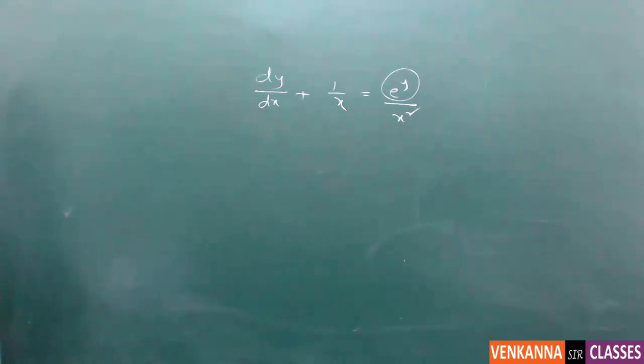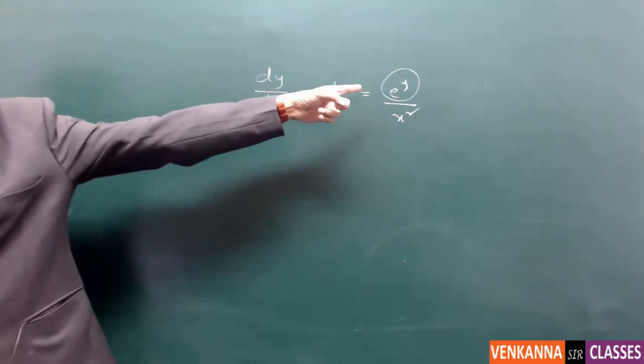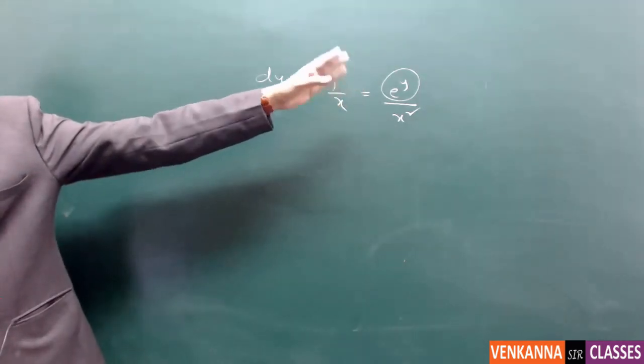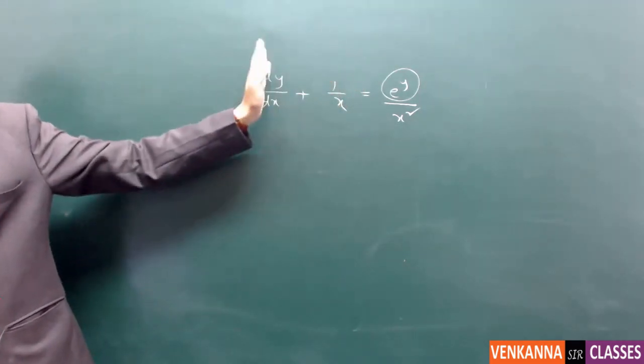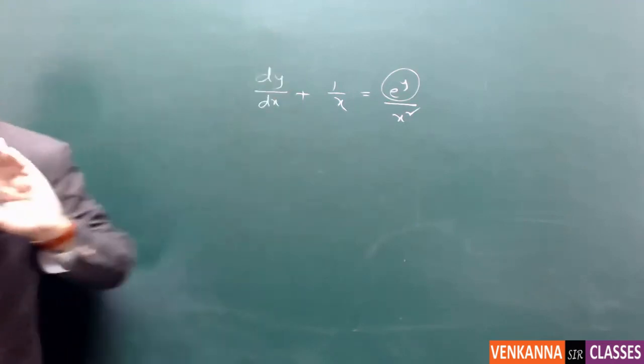Now I am saying that whenever the given equation will not come under this category, then what happens? For such kind of problems, we use the technique that whatever the function is there on the right hand side, by using that, we are going to convert it into the linear model.